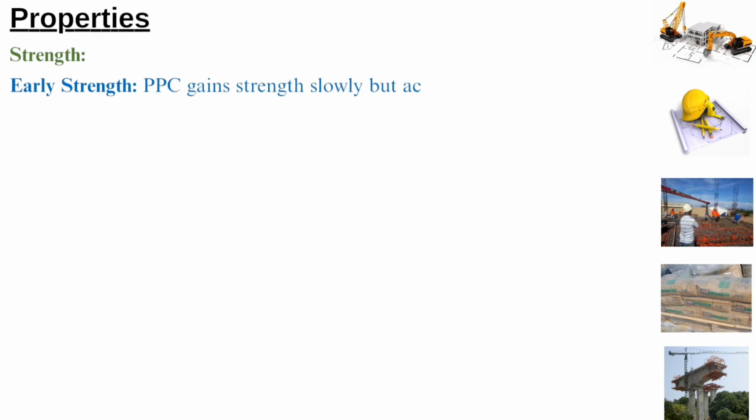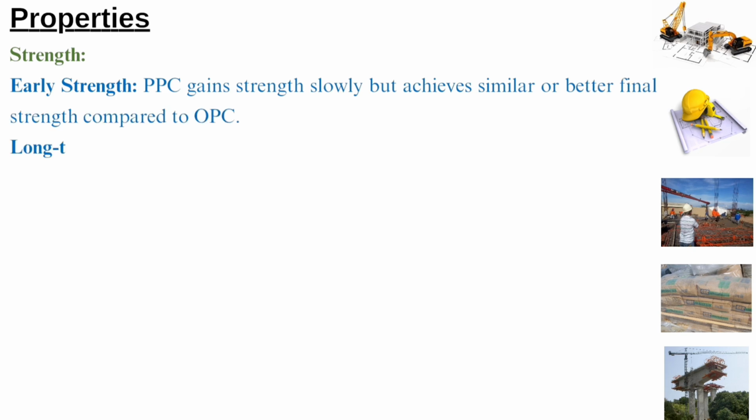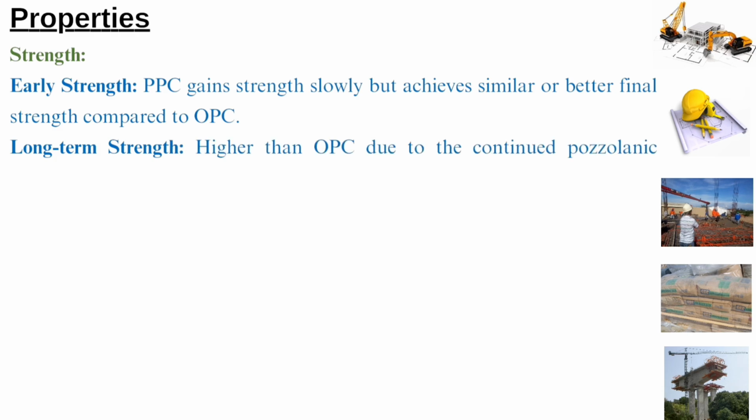Then properties. First of all, the strength. PPC gains strength slowly but achieves similar or better final strength compared to OPC, higher than OPC due to continued pozzolanic reaction. So it will have early strength and it will have long term strength. Then durability.